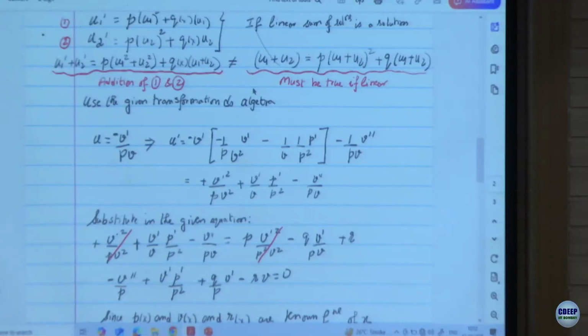Okay, then a transformation was given, u equal to minus v prime by p times v, and all that was being expected from you was some amount of brute force algebra and nothing else. Okay.